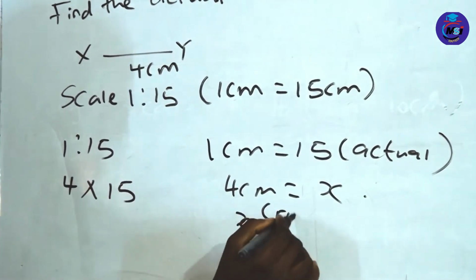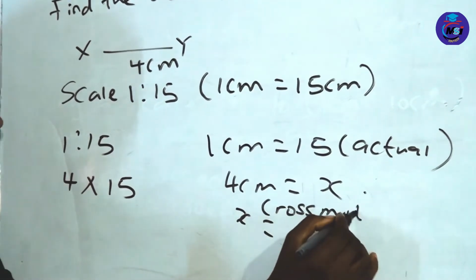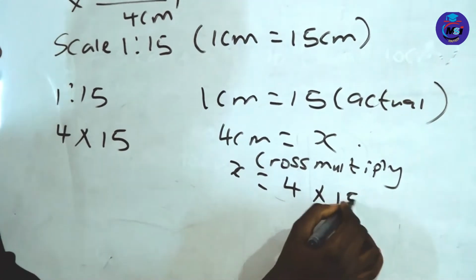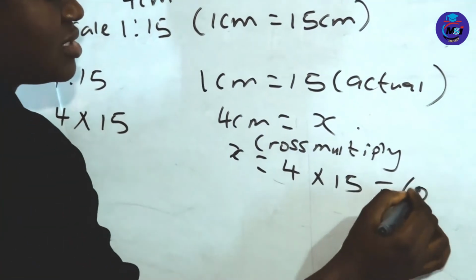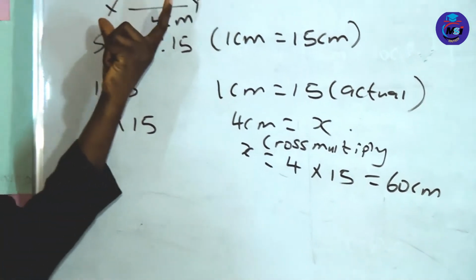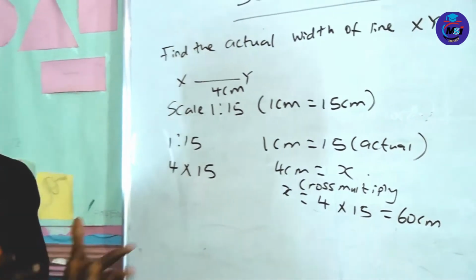When we cross multiply, we have 4 times 15, which gives us 60 centimeters. So in actual fact, this line is 60 centimeters long.